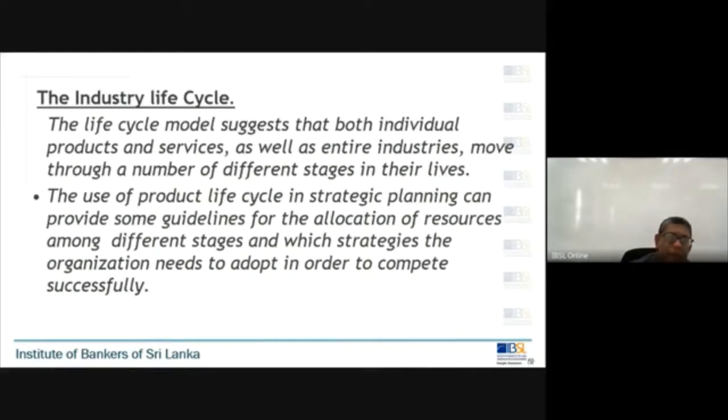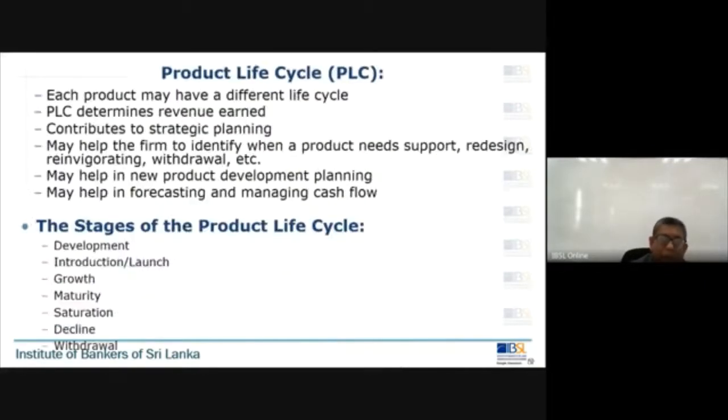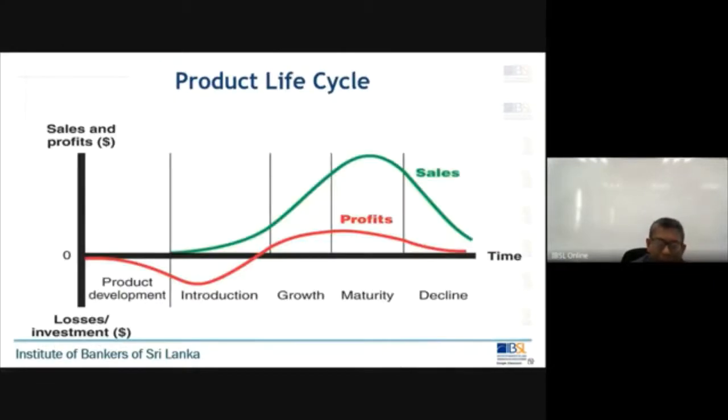Simple as that. How do we use PLC, the product life cycle? It goes like a human being. Every product has a life cycle. The length of the product life cycle may vary.